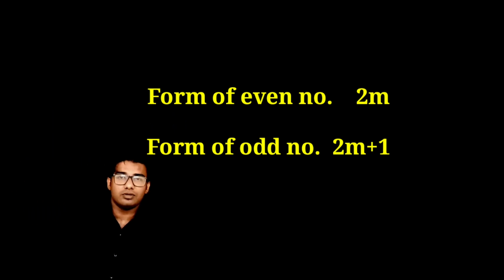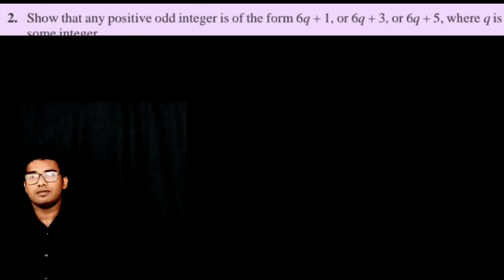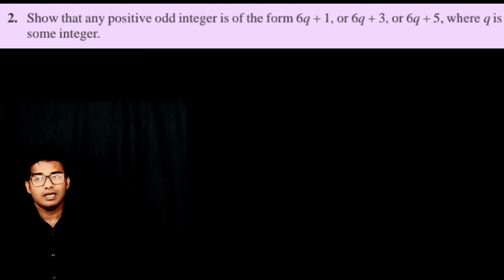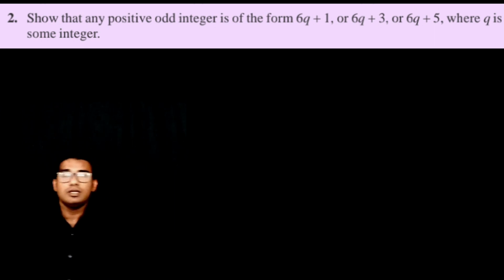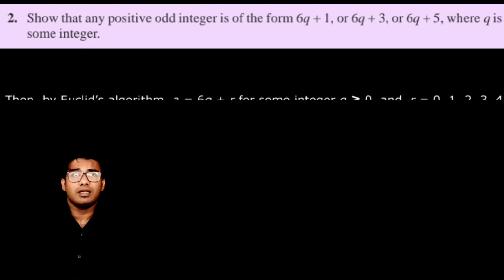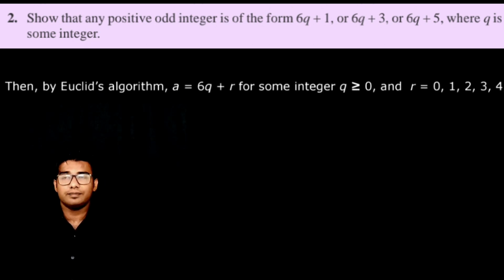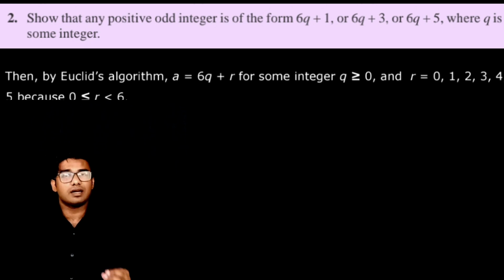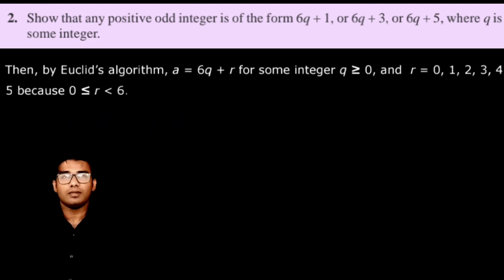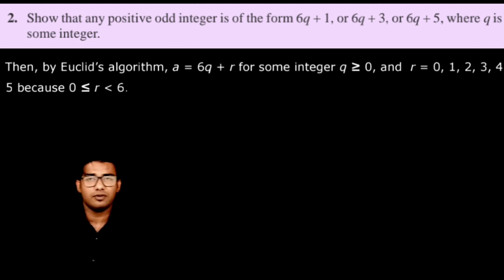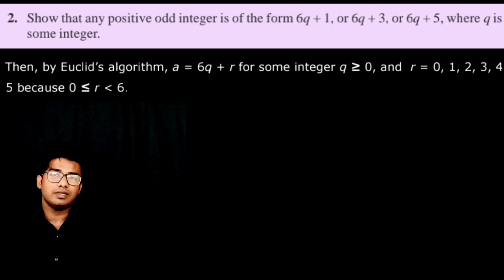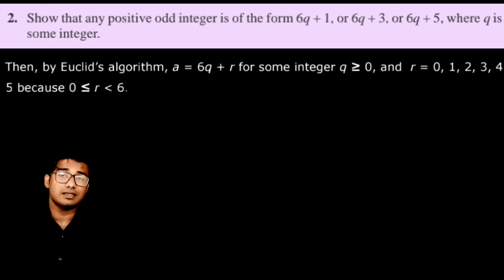So again study our question. Show that any positive odd integer is of the form 6q plus 1 or 6q plus 3 or 6q plus 5 where q is some integer. By Euclid division algorithm we can write a is equal to 6q plus r, because the form is 6q plus 1. For some integer q greater than or equal to 0, r is equal to 0, 1, 2, 3, 4, 5, because 0 is less than or equal to r and r is less than 6.